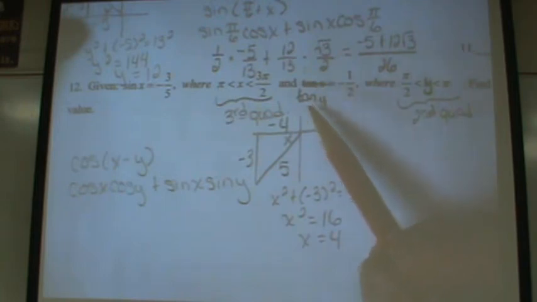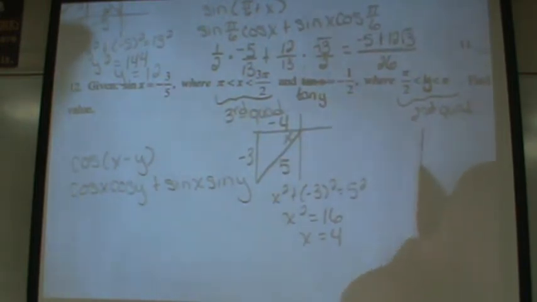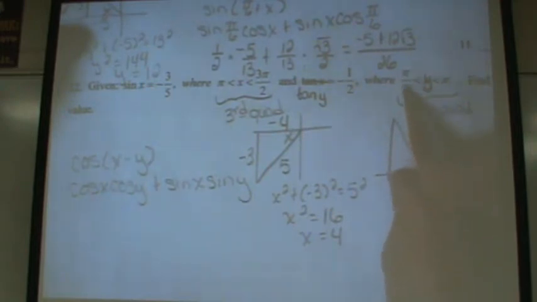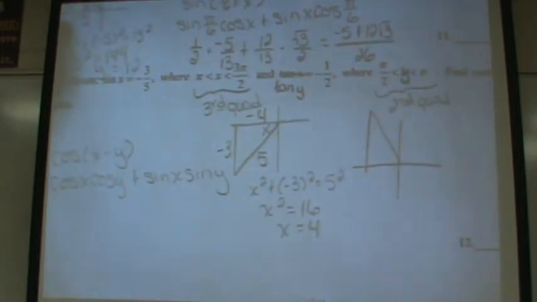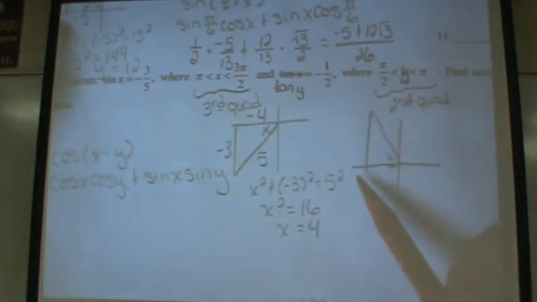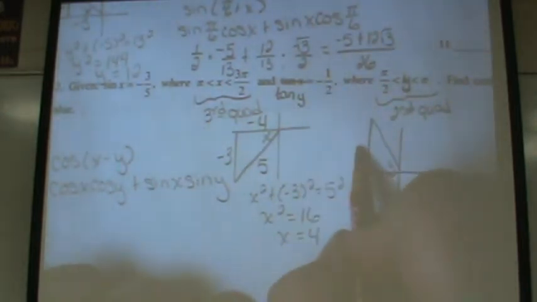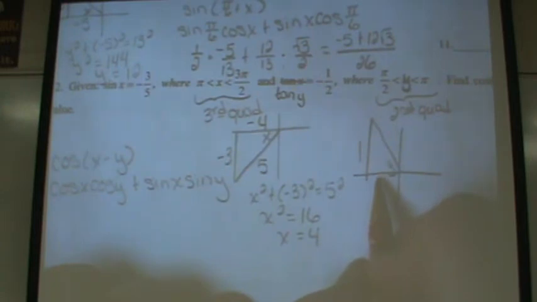Now we need to create a triangle using angle y. For angle y, we know that we're in the second quadrant, because we're told it's between pi/2 and pi. So this is our angle y. We're told that tangent of y equals -1/2. Tangent is opposite over adjacent, so our opposite side is 1 and our adjacent side is -2.